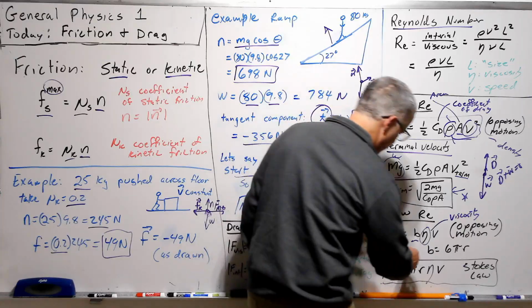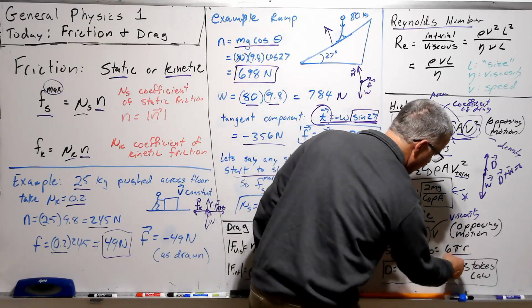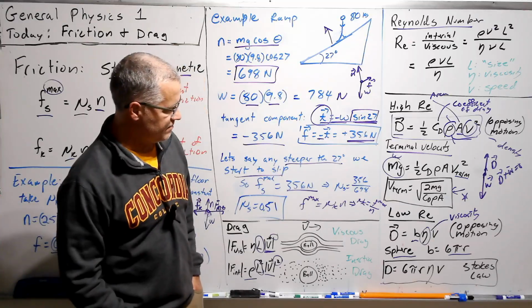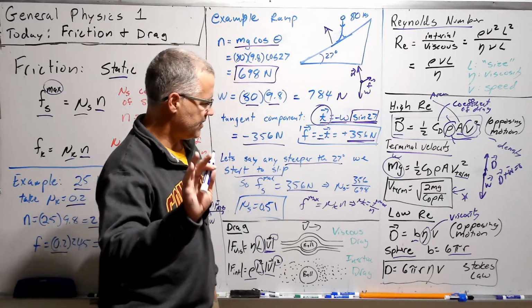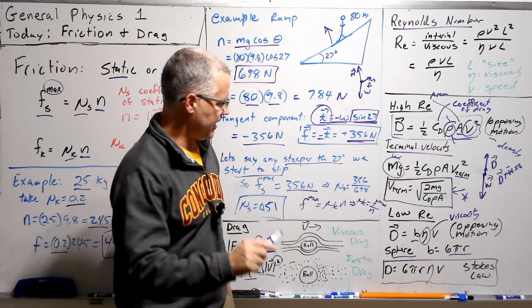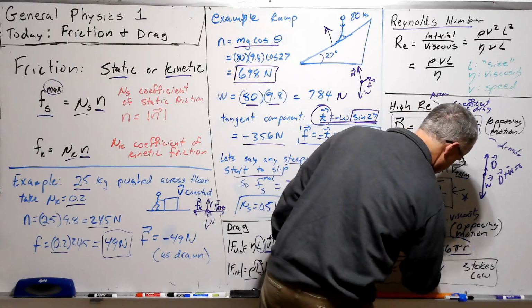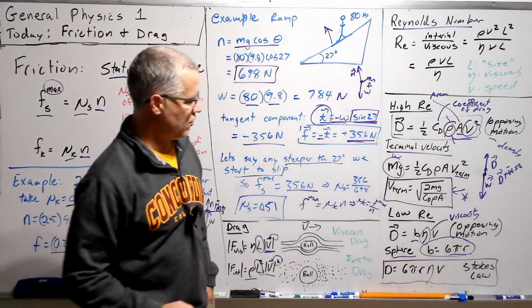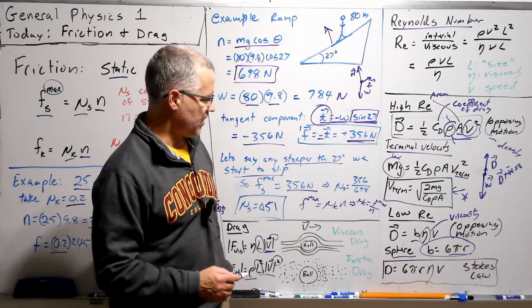If this is a sphere, then it turns out that I said volume, but it's just representing a size, basically a scaled radius of a sphere. And for a sphere, it turns out it's 6 pi r.